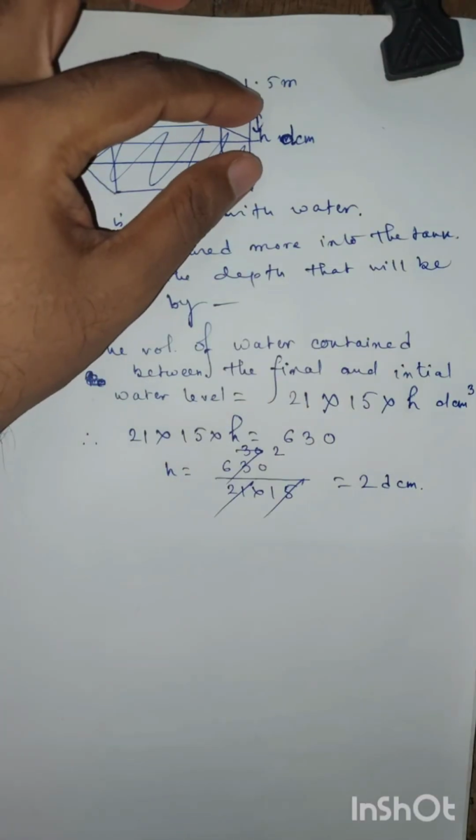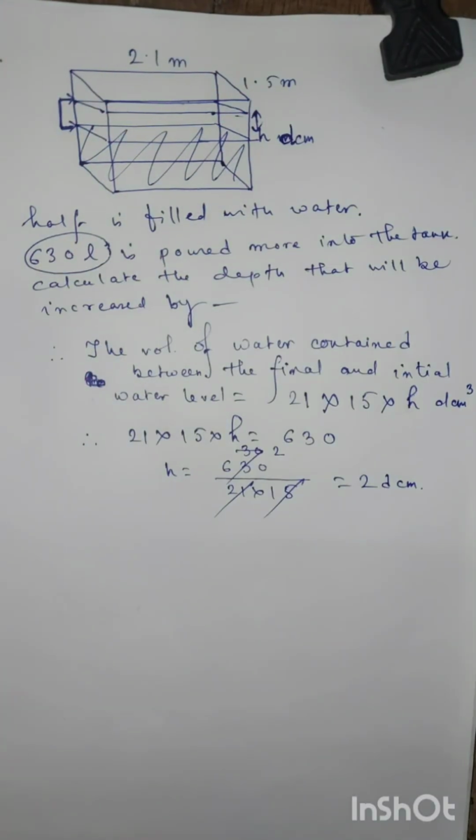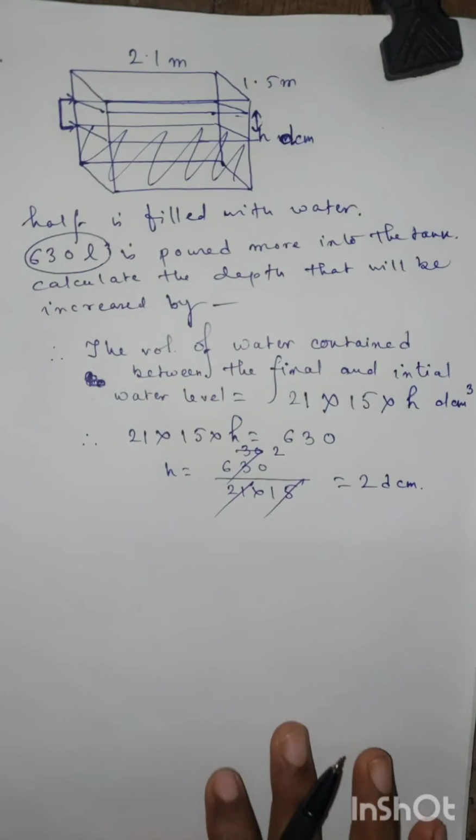So 2 decimeter rise in water level. Now let us proceed to next question.